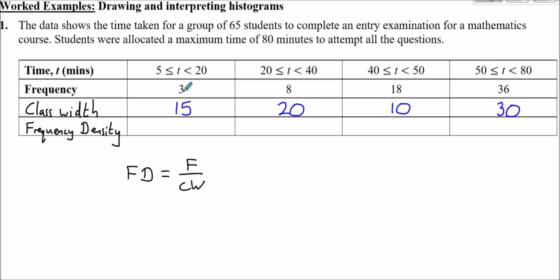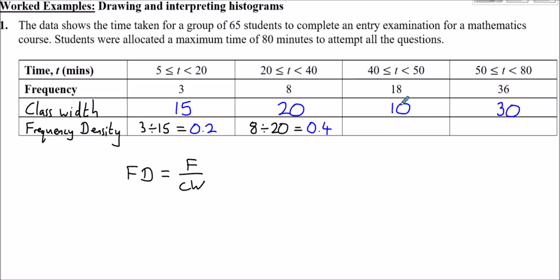So here, the first one, 3 divided by 15 gives us a density of 0.2. The next one, 8 divided by 20, that's the same as 4 over 10, which is 0.4.